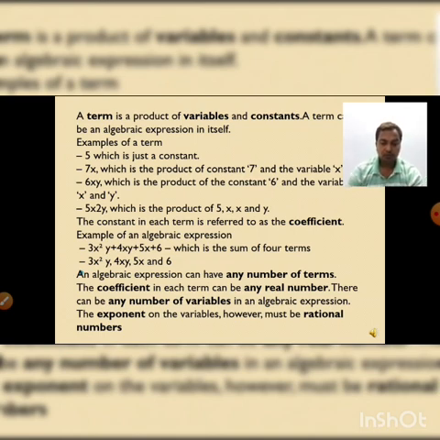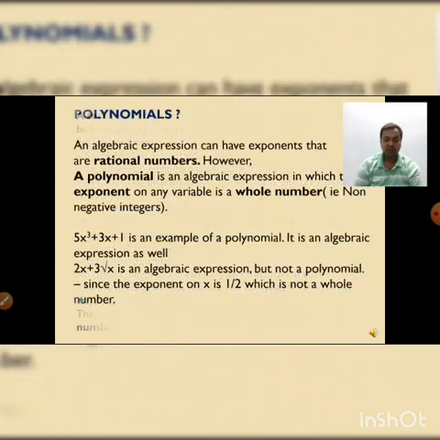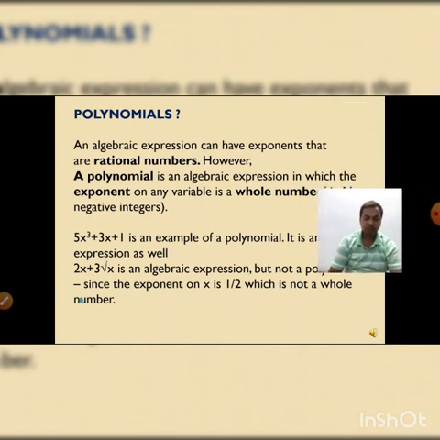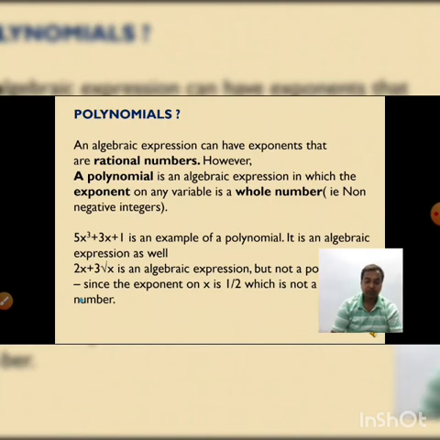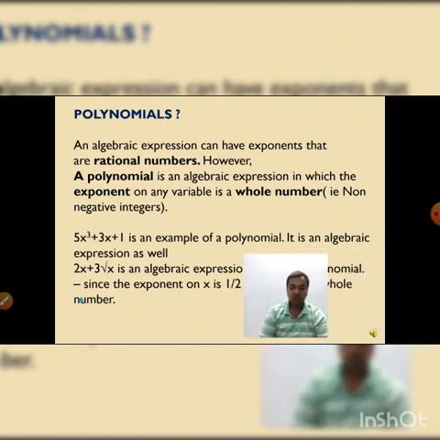Now, what is a polynomial? Before discussion, we already said that an algebraic expression can have exponents that are rational. However, a polynomial is an algebraic expression in which the exponent on any variable is a whole number.